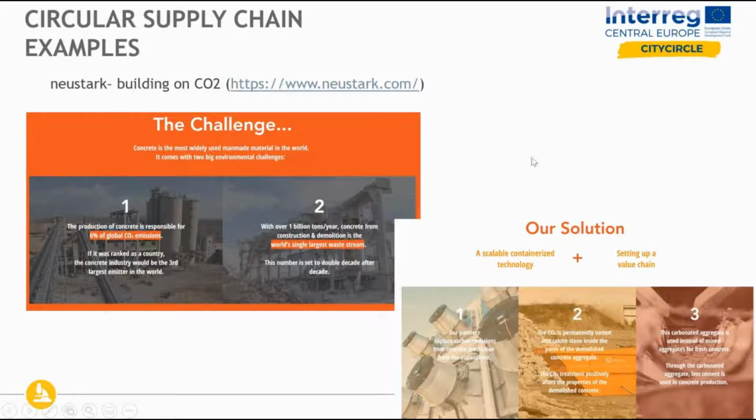Here you have a company which is capturing CO2 into concrete, because concrete is a very widely used material for building, and in terms of masses, it's huge, and the production of concrete contributes to a large part of the global CO2 emission, and construction concrete is the world's single largest waste stream, the company says.